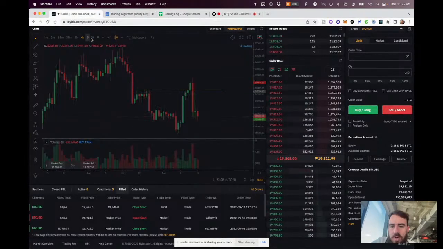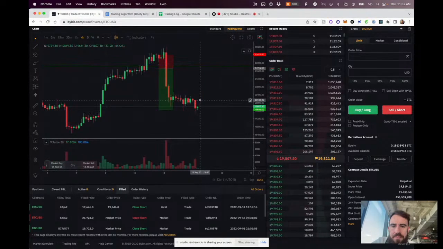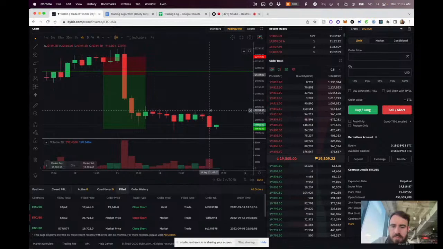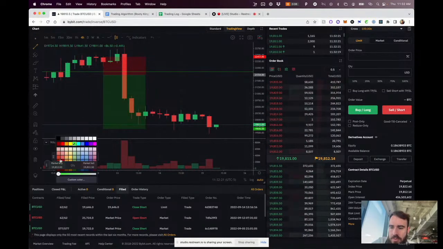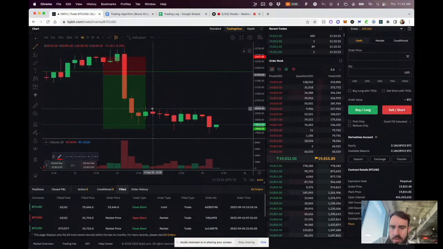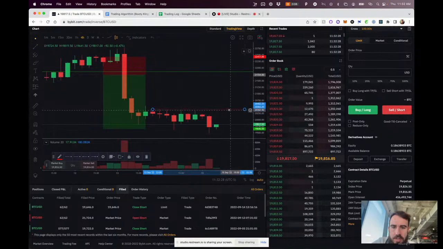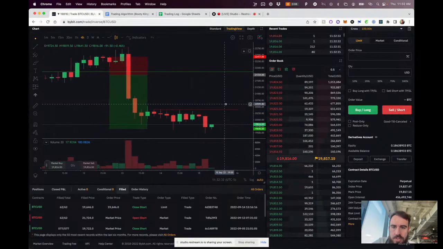So I think the next one would also be a good short. We have this build up right here, right? You could say there's creating, confirming. So I'm going to mark this with the 4-hour color, which is red. Something like here. What we're going to look for is the same thing as before.